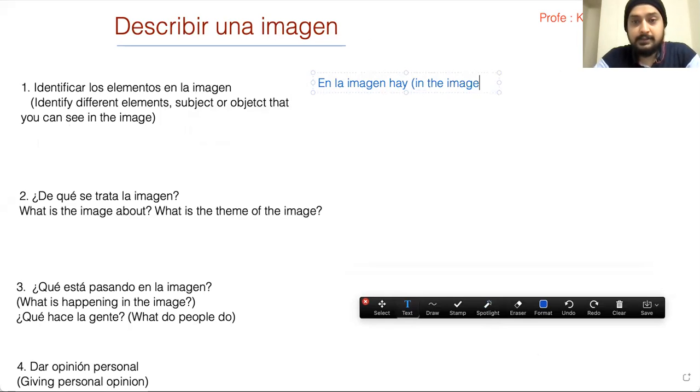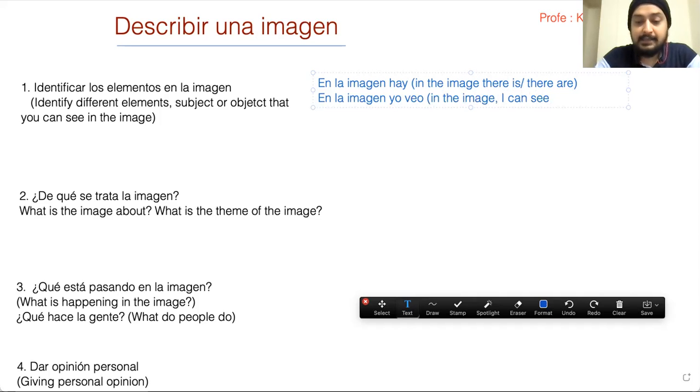In the image there is or there are. En la imagen. Not el imagen. Yo veo. In the image I can see. So whatever things are there, you just explain or mention.